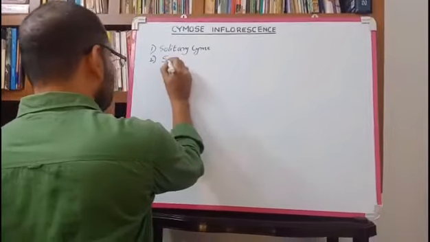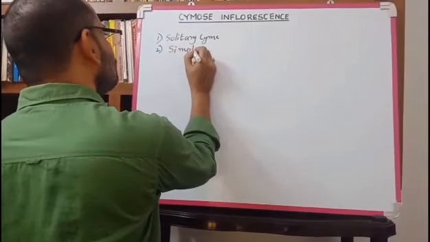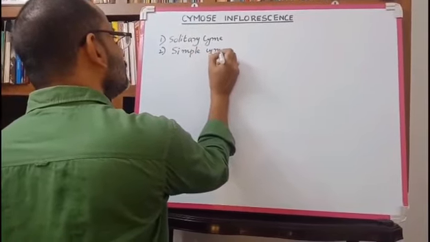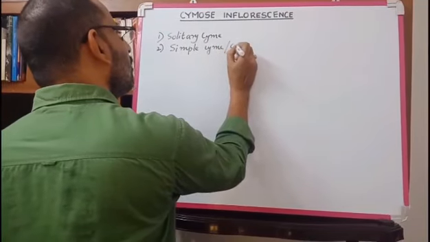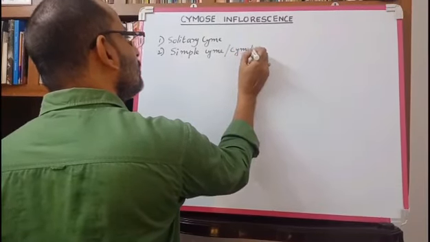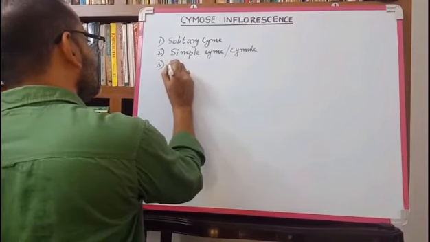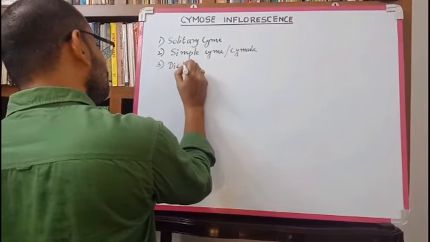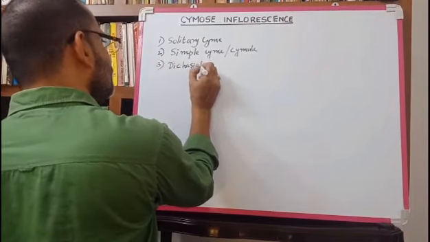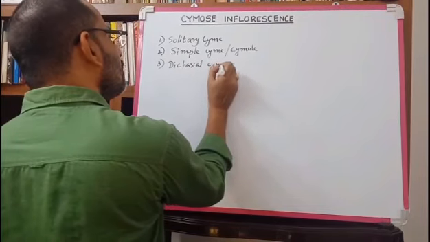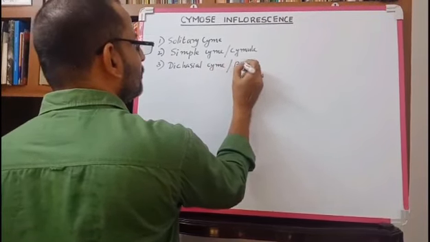Number 2, simple cyme or cymule. And number 3, dicacial cyme or biparous cyme.